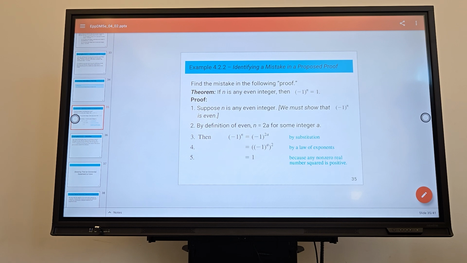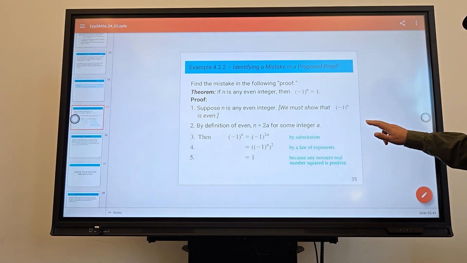is equal to negative 1 to the 2a, which by the law of exponents is negative 1 to the a raised to the second power. Because any non-zero real number squared is positive, the result is 1.